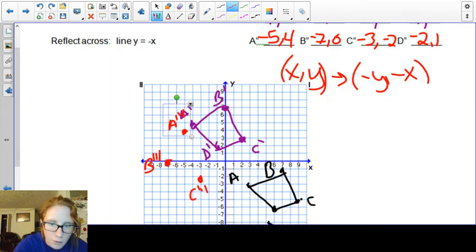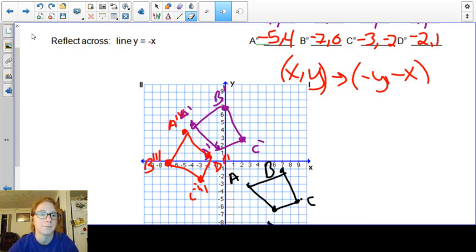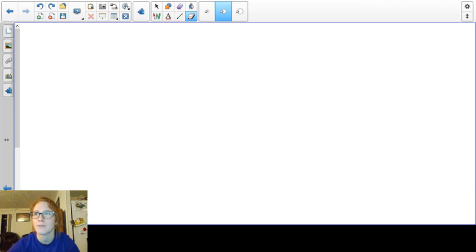And -2, 1. There is my shape. He stayed isometric, again, as best I can. We slid him and then we flipped him. That's all I have for you. Good luck on your test.